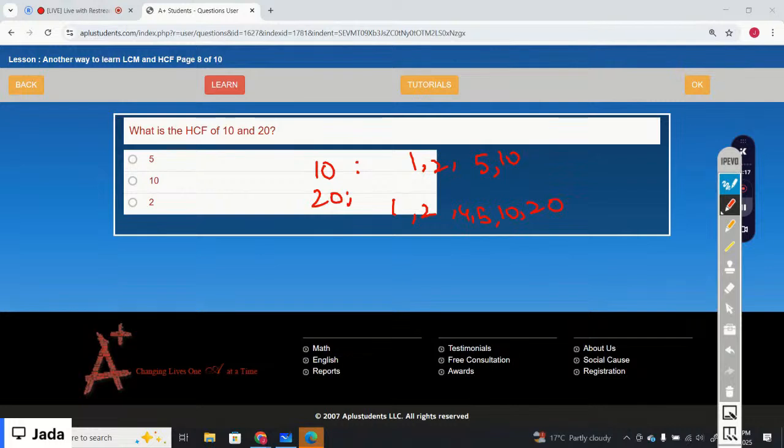Factors are the numbers that you multiply to make 20. So these are the factors of 20.